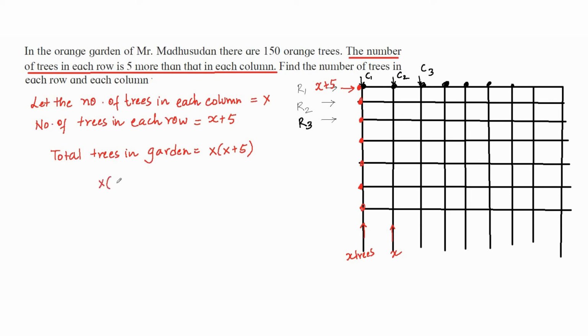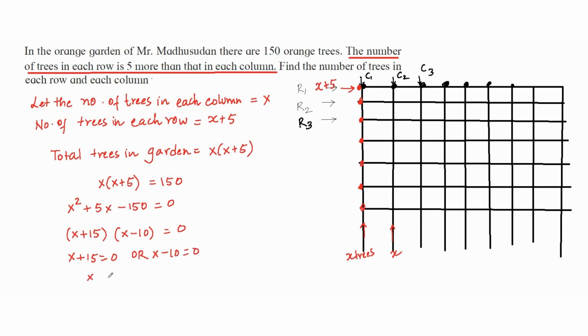So x into x plus 5 is equal to 150, which means x square plus 5x minus 150 is equal to 0. So this is a quadratic equation to solve, and therefore I get x plus 15 multiplied by x minus 10 is equal to 0, which means either x plus 15 is 0 or x minus 10 is 0. Therefore x is negative 15 or x is equal to 10.